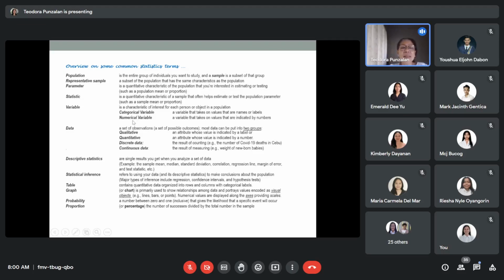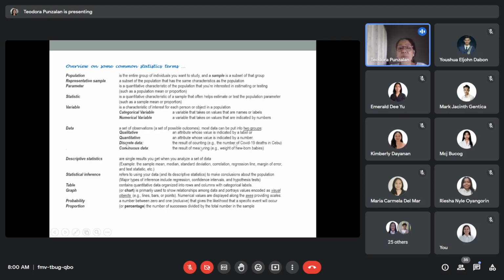Let's go to numerical variable. When we say numerical, sometimes the result is a whole number, and sometimes it's a number with a decimal part or a fraction. If that is the case, then you're talking about the discrete and continuous cases. Discrete means the result of counting.